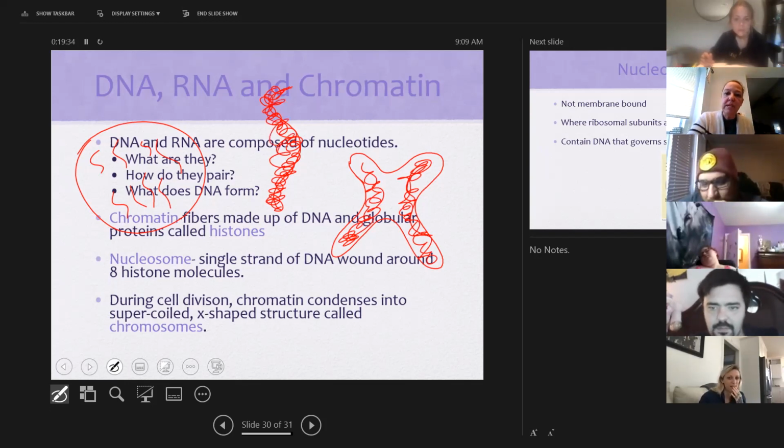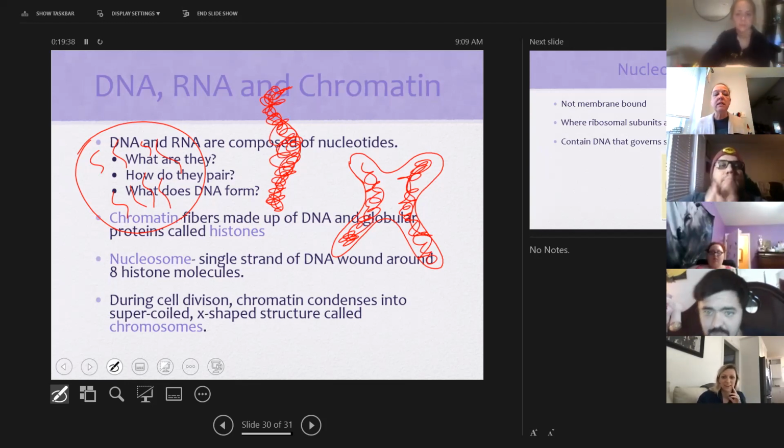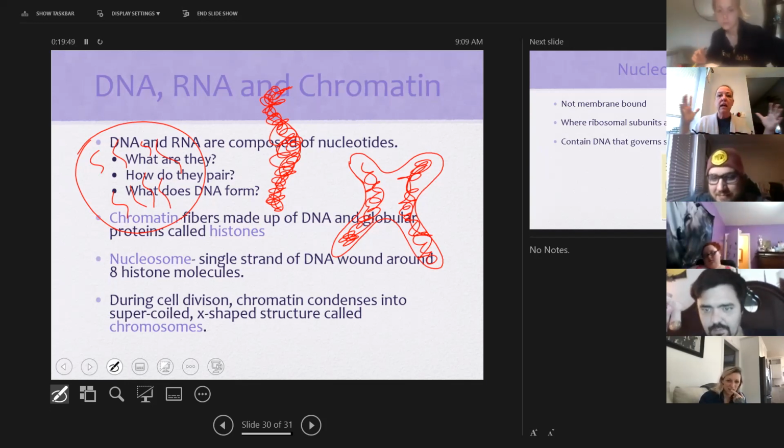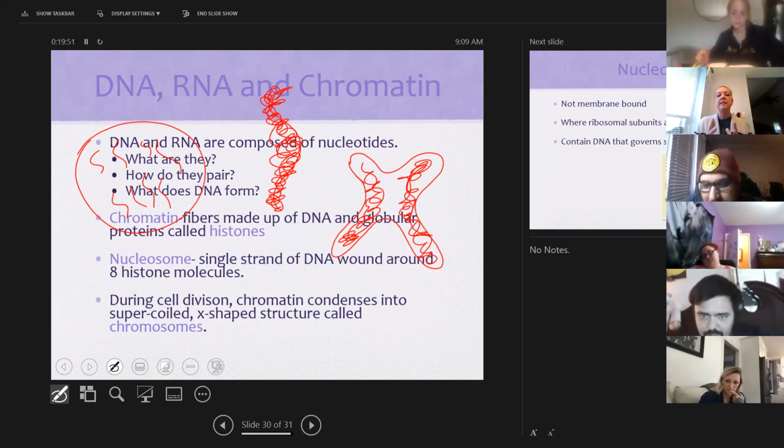We just need to simply compress. The other way to look at it is if you've ever recorded a Zoom meeting, my PowerPoint is another perfect example. What the program does is it compresses and uses less space for all my pictures in the PowerPoint. That's what's happening here with my chromosomes getting ready to divide.